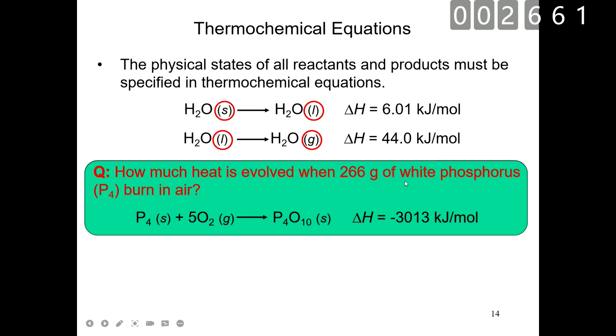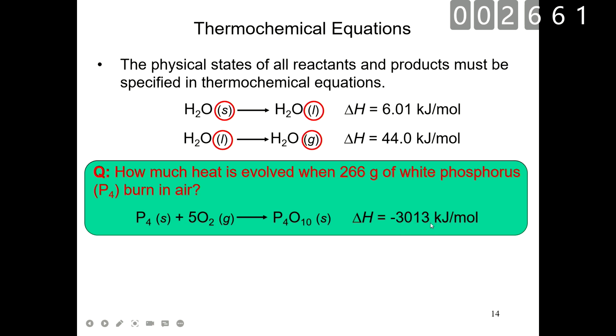I'll give you a lot of scenarios here. Here you can see the coefficient number is 1. So 1 mole of phosphate in the reaction will give this heat.